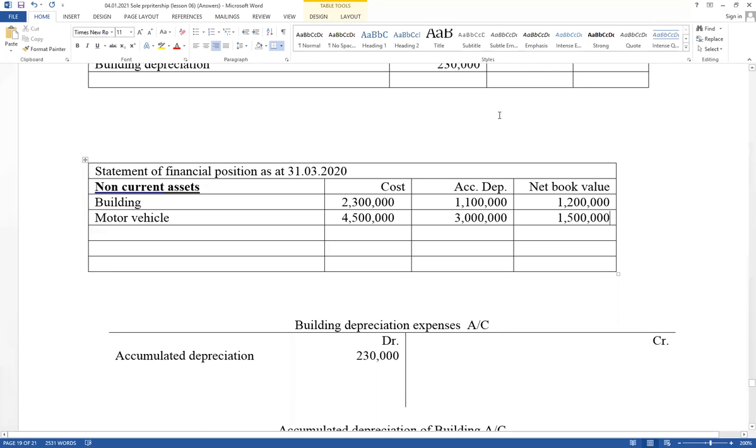Trial balance should be prepared from the general ledger. From the debtors ledger and creditors ledger, a trial balance cannot be prepared. Therefore, financial statements should be prepared based on the trial balance. By using the double entry system, the information is already recorded. Then based on the trial balance, now we are going to discuss how to prepare financial statements.